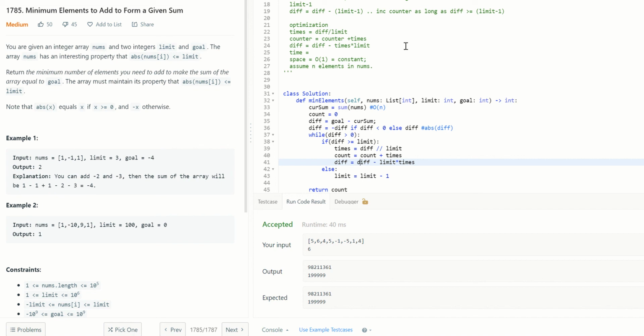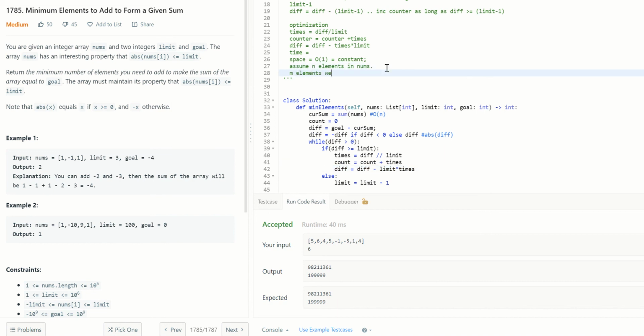But what is the worst case? You might have to add m number of times. The diff will be calculated whatever the limit number of times. Let's call that m. Let's say there are m elements we need to add to the array so that we get the goal.